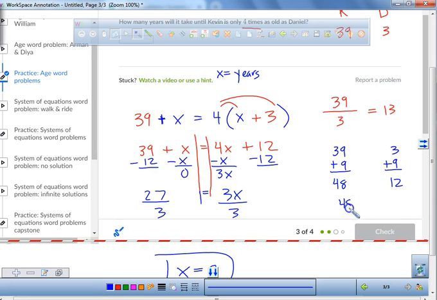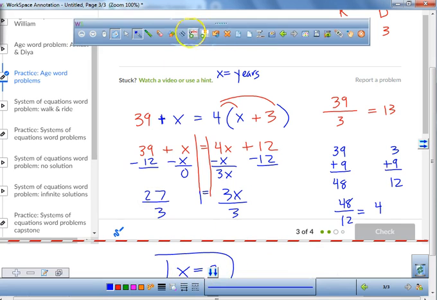What is 48 divided by 12? 4, you're right, 4. So now guess what? In 9 years, he will not be 13 times as old. In 9 years, he'll only be 4 times as old.